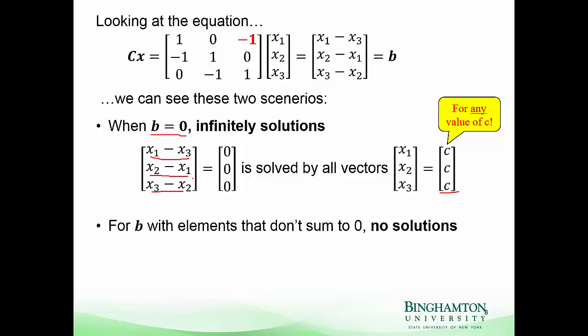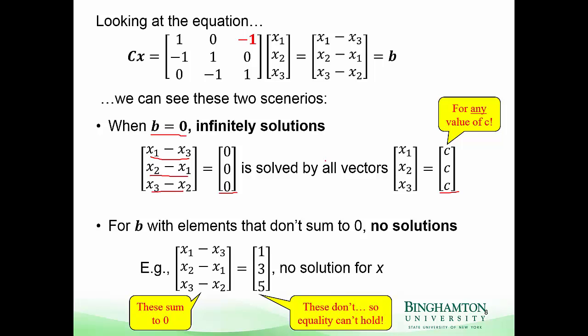Now, notice that we picked a b here whose elements all summed to 0, obviously because they're all 0. But it turns out that if we pick some b for which the elements don't sum to 0, then there will be no solutions. So, look at what we have. If we look at this up here, and all we've done is brought that down here for a specific b vector.